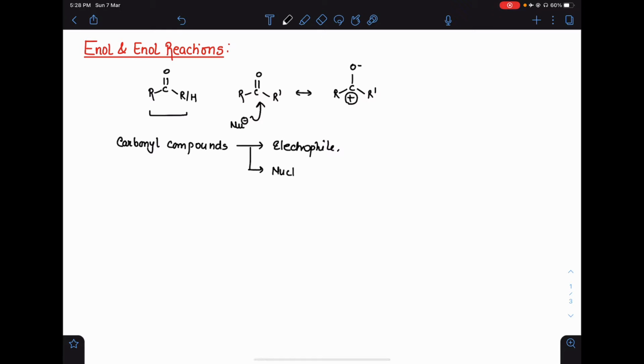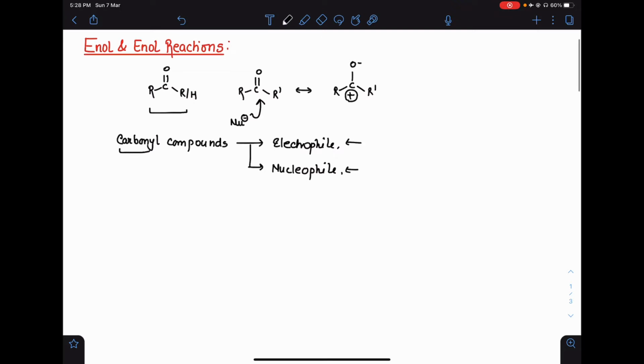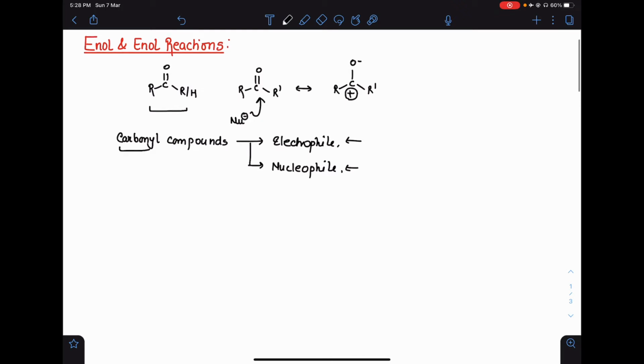But these carbonyl compounds can also act as a nucleophile. But how can the same class of compound act as both electrophile as well as nucleophile? That means they can be subjected to both nucleophilic as well as electrophilic reactions. So in this video, we are going to address that paradox and try to see how carbonyl compounds can behave both as an electrophile as well as a nucleophile.